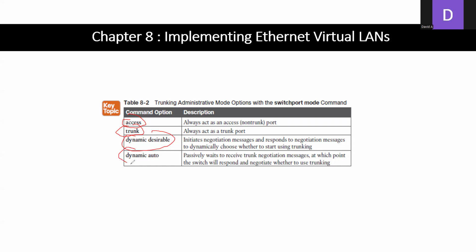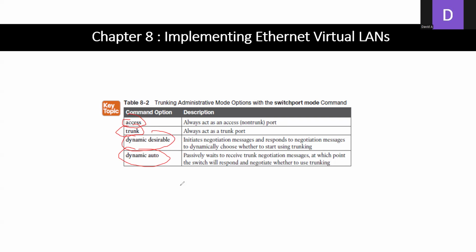Now we go to dynamic auto. Dynamic auto passively waits to receive trunk negotiation messages, at which point the switch will respond and negotiate whether to use trunking. So if you use the keyword auto, the switch is not going to initiate trunk negotiation messages.